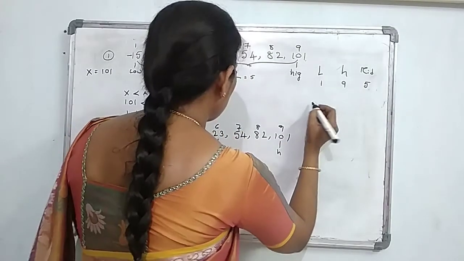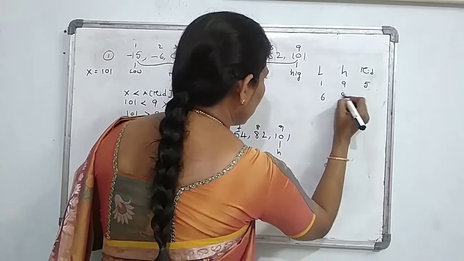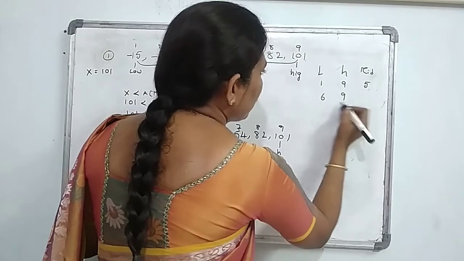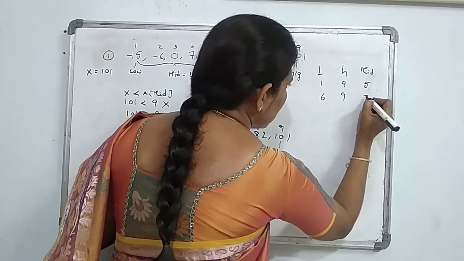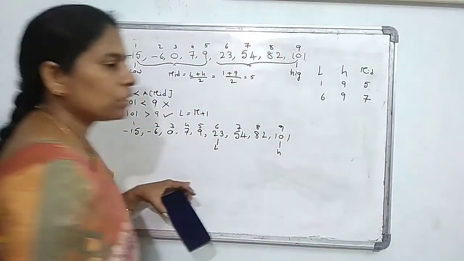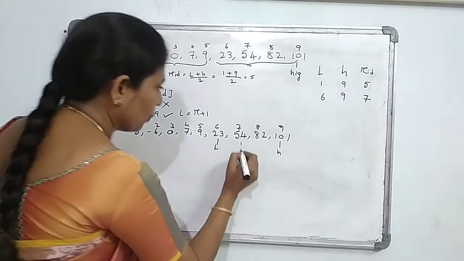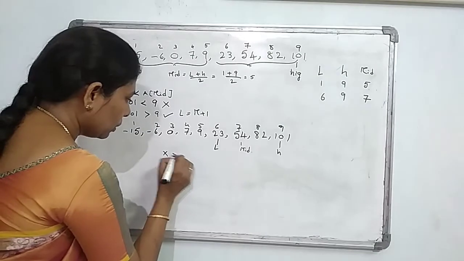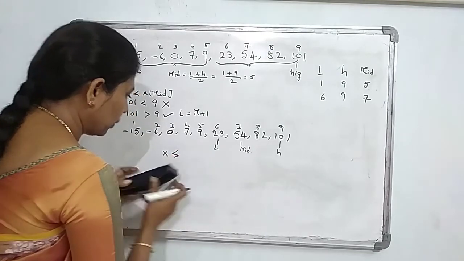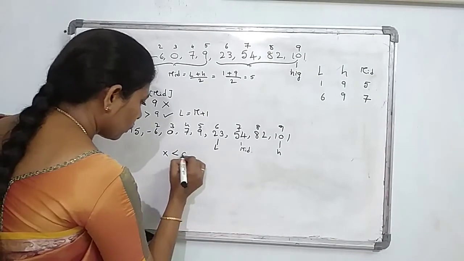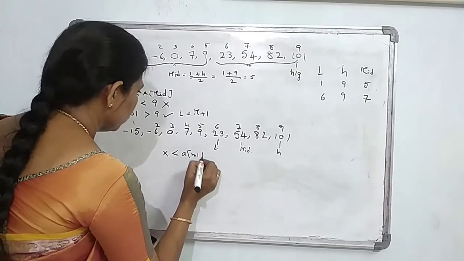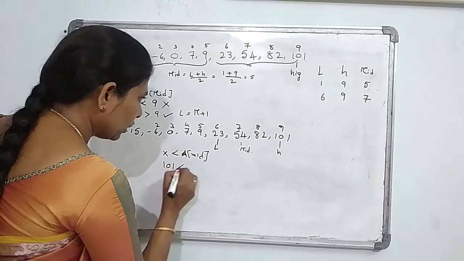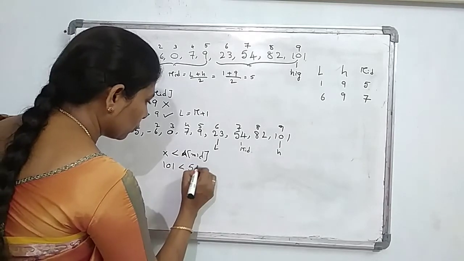Now we calculate the mid value. Low equals 6, high equals 9. Now we take the mid value, which is 7. This is the mid value. Again we compare x with a of mid. Is x less than a of mid? 101 less than a of mid, which is 54?